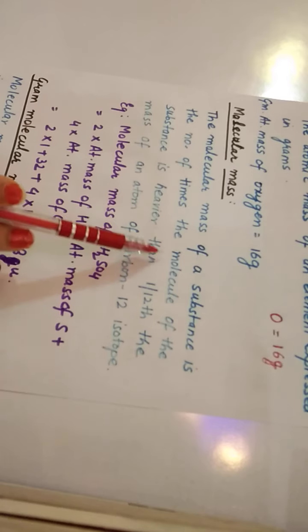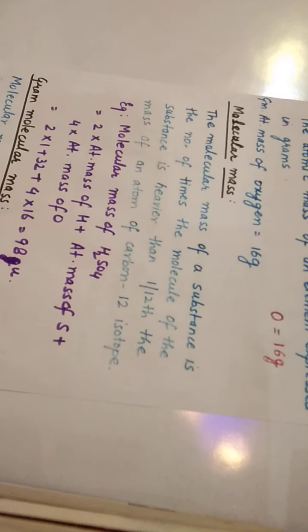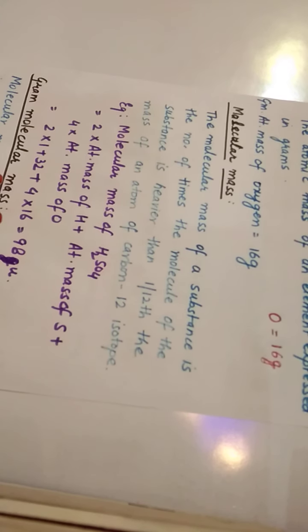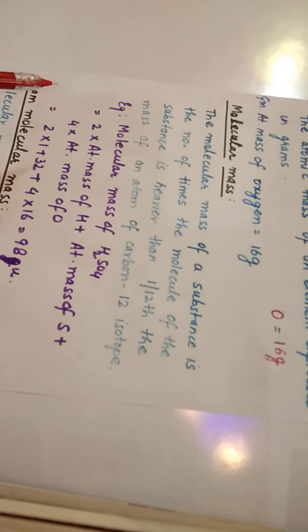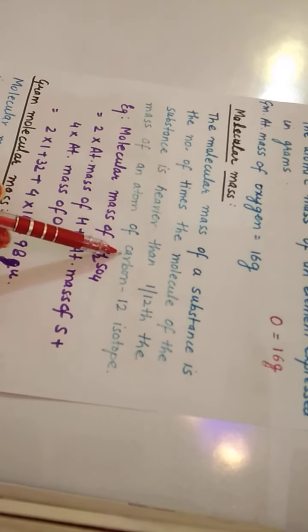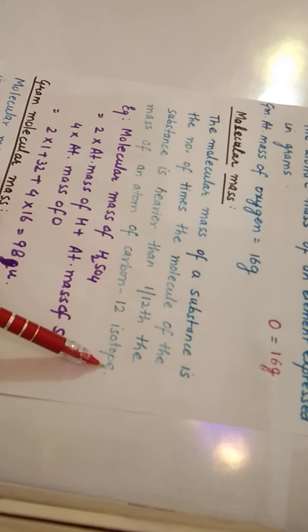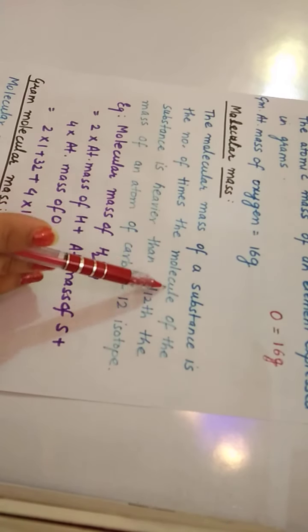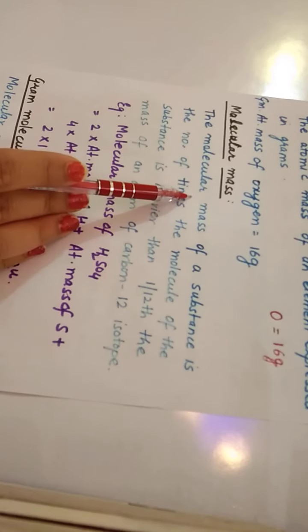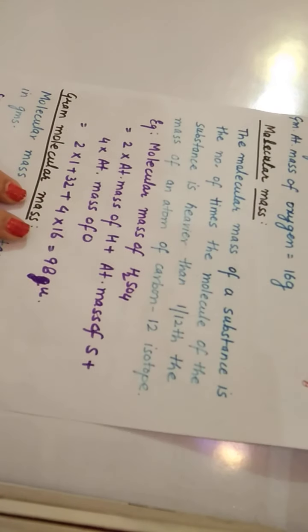The number of times a molecule of a substance is heavier than 1/12 of the mass of an atom of carbon-12 isotope is what is called the molecular mass.